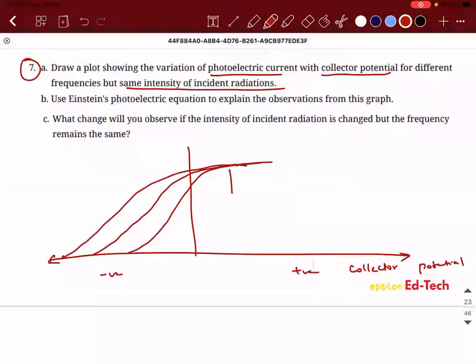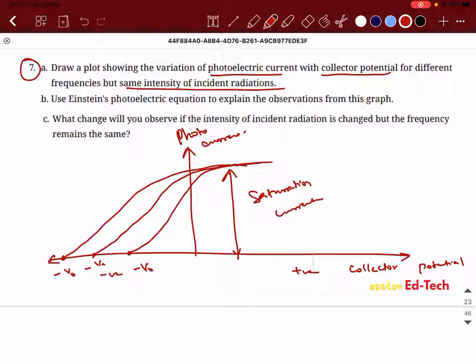Right. So this current is called as saturation current, and this is the photoelectric current or photocurrent, right? So what is this called as? Stopping potential, minus V naught, minus V naught, minus V naught.